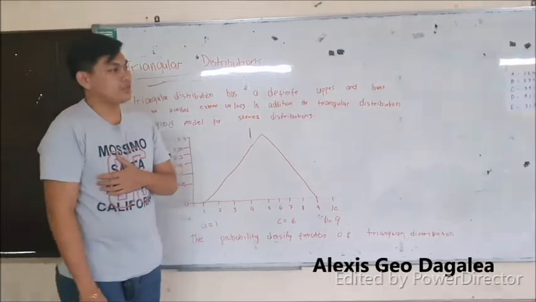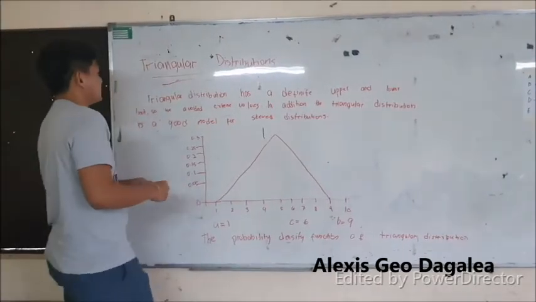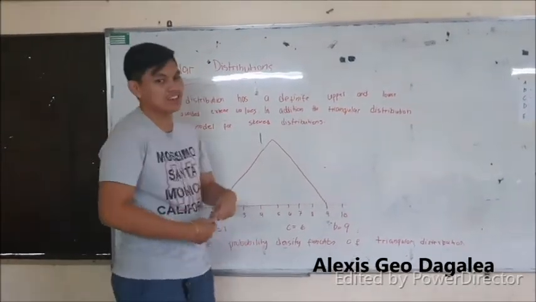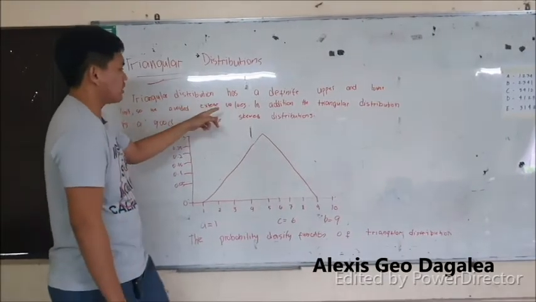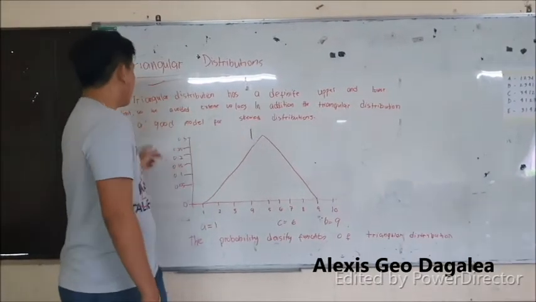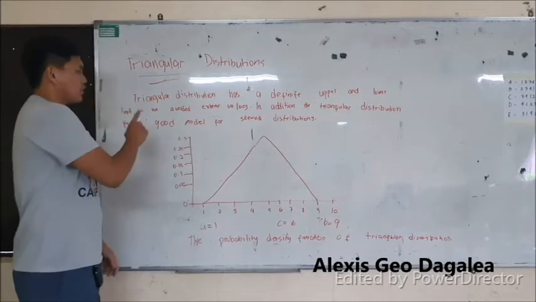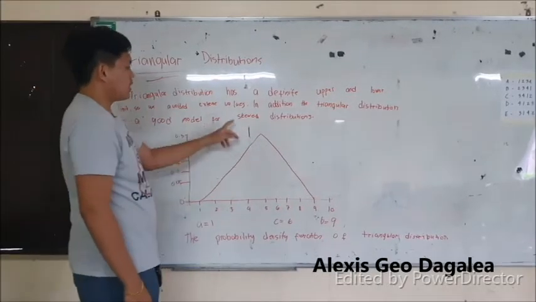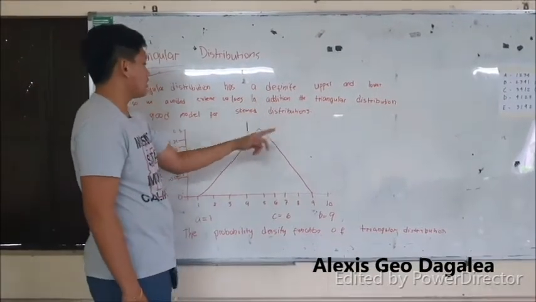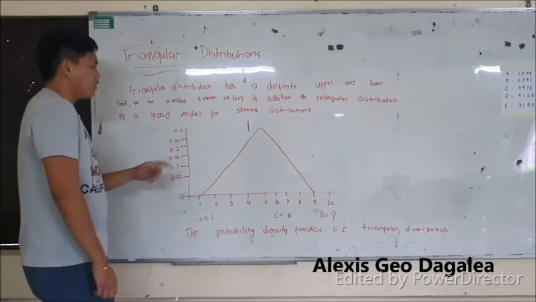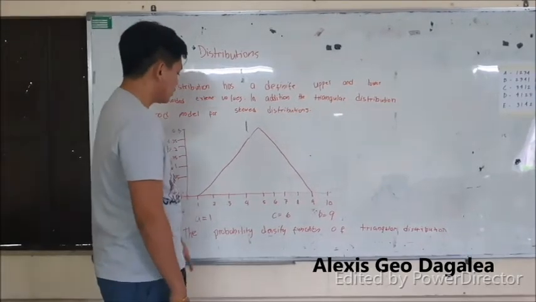Good day, sir. My topic to be discussed for today is triangular distributions. Triangular distribution has a definite upper and lower limit, so we avoid extreme values. In addition, the triangular distribution is a good model for skewed distributions, just like this.